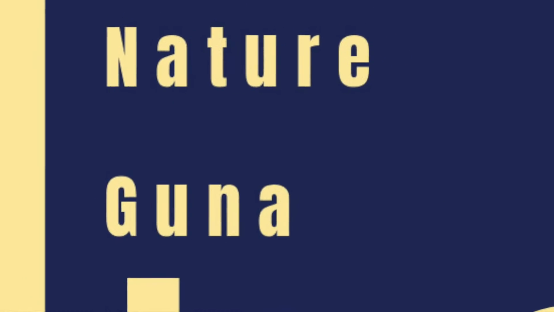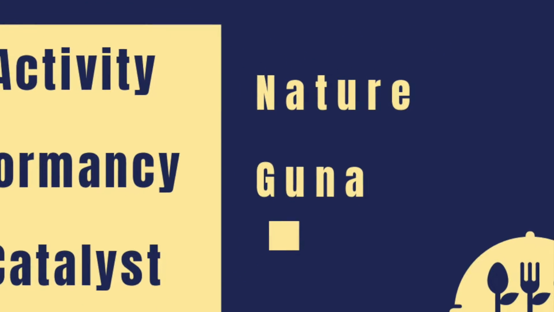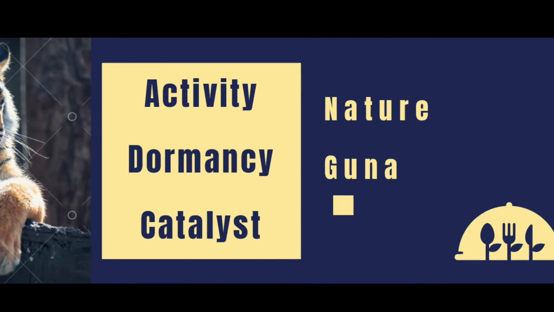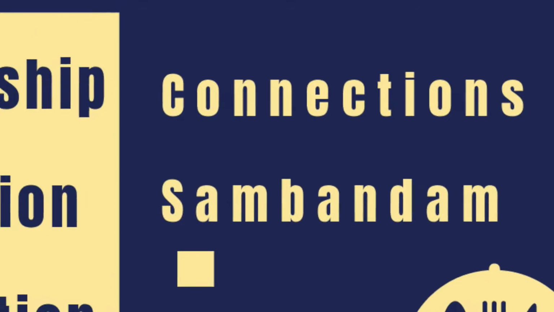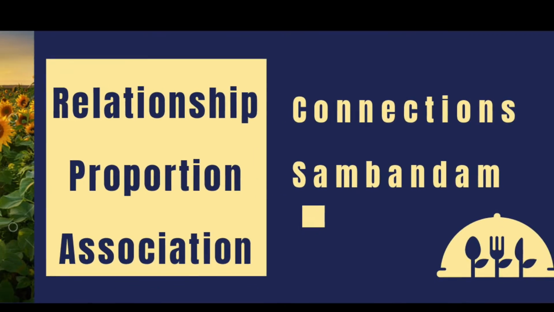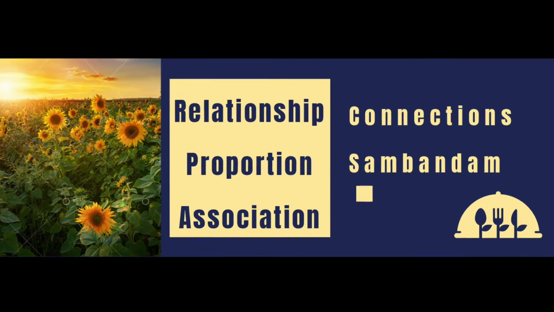Guna translates to nature, and students analyze the object of study in terms of how active they are. Sambandham refers to connections, and that could be important to understand the interconnectedness of the world.